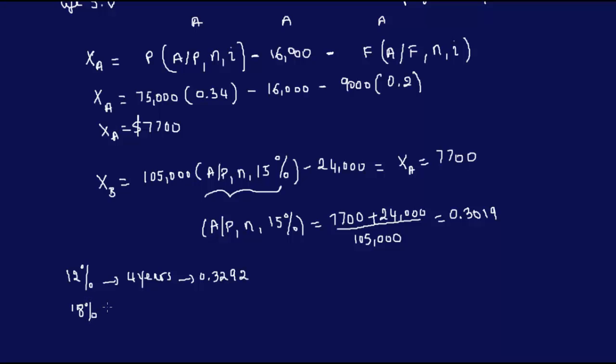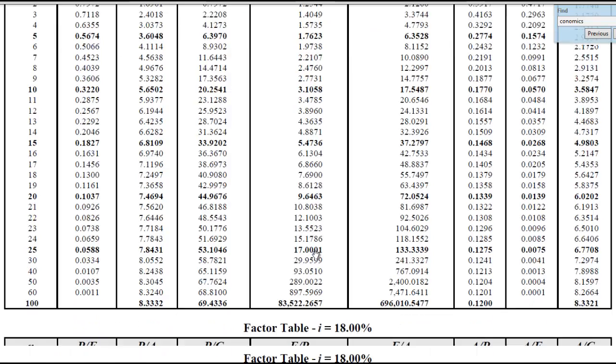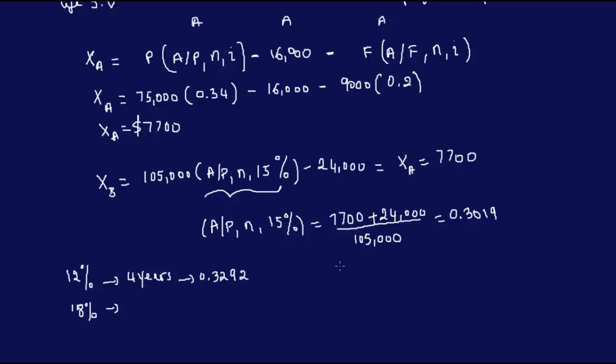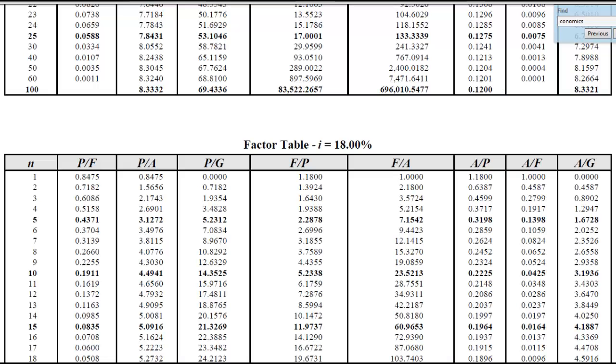Let's see what we have at 18%. Remember, 15% is between those two. So at 18% AP, that's close to my 0.30 here. My AP, you know, we can use this one, and that's at 5 years actually, 0.3198.